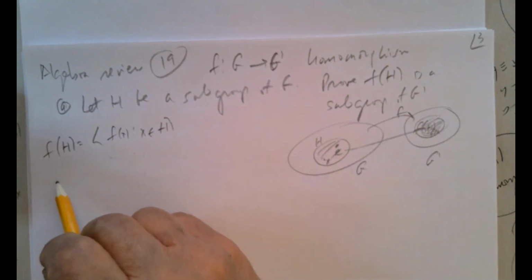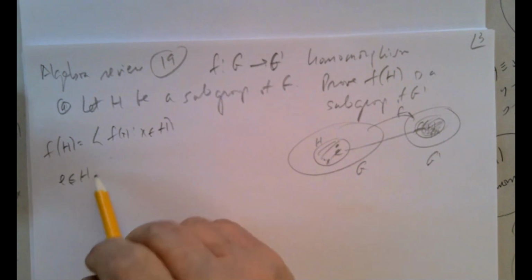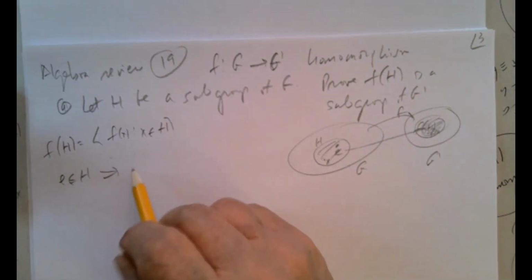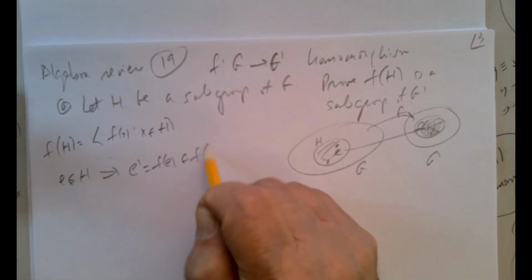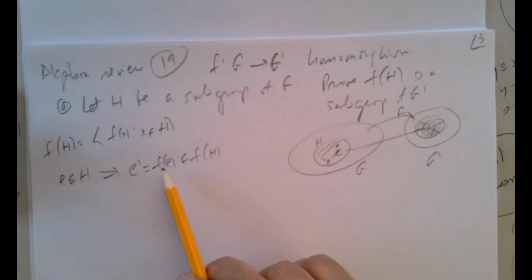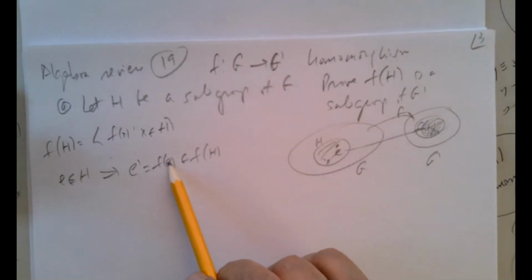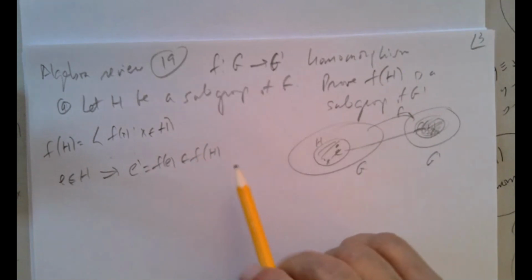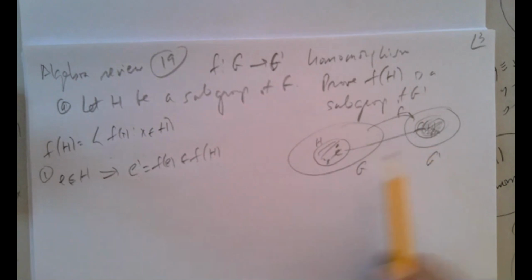So first of all, E is in H. E is the identity in the group G, and every subgroup contains the identity. And so E prime, which is f of E, is in f of H, because we proved that if you have a homomorphism, the image of the identity in G is always the identity in G prime. So f of H contains E prime.